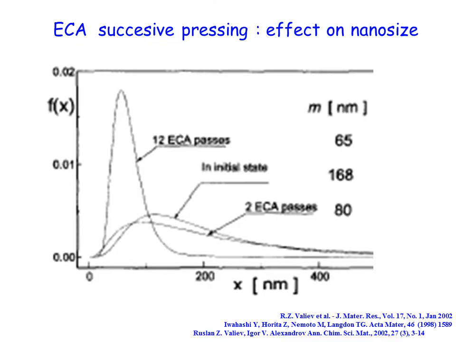As a result of successive pressing, the size of the micro nanocrystallites of the sample is reduced. So here, for example, you have the initial size distribution in nanometer scale of the sample initially used, and after 2 passages we see immediately that we have already reduced the mean size, and after 12 passes we get a distribution that is much sharper and centered at a much smaller crystalline size.